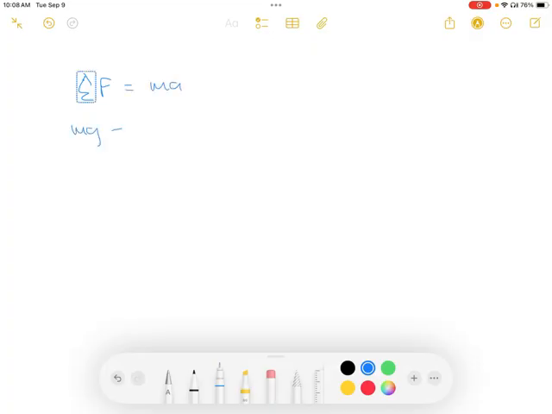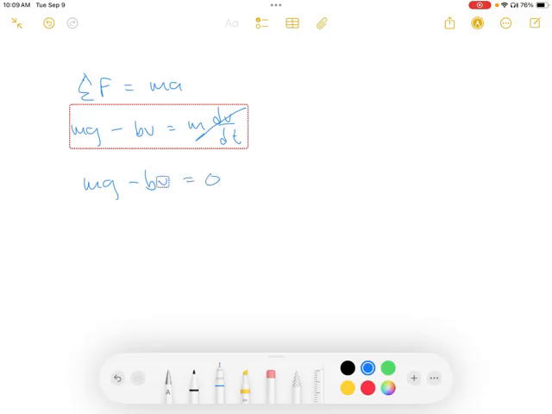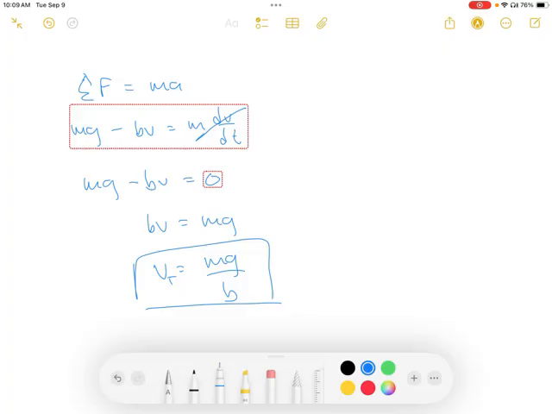So mg minus bv is equal to mass times acceleration. But we know that when terminal velocity is reached, the acceleration is 0. So mg minus bv is going to be equal to 0, so bv is equal to mg. So our terminal velocity is going to be equal to mg divided by b. And this way we get to our equation for terminal velocity.